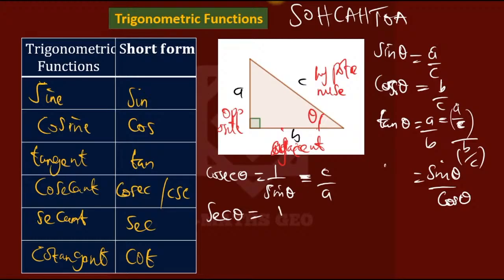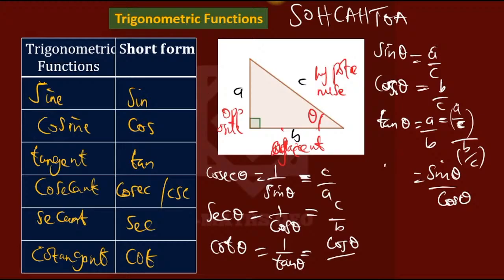Sec theta is 1 over cos, which is C over B. And the last one is cot. Cot is 1 over tan. Since tan is sine over cos, cot will be cos over sine. So these are the 6 trig functions we have.